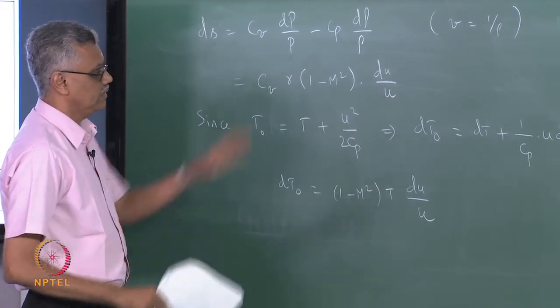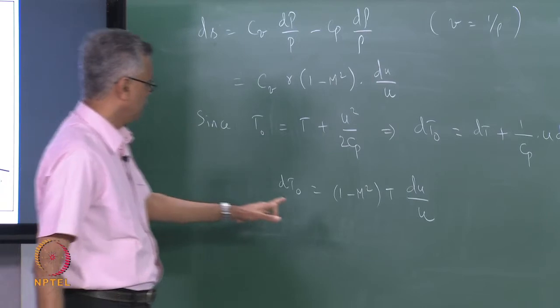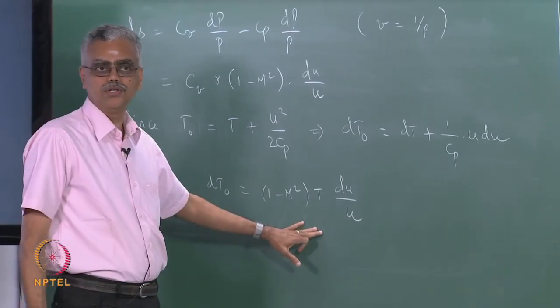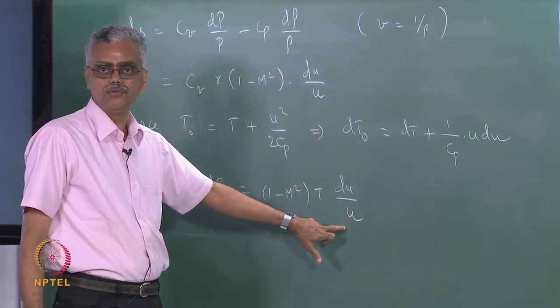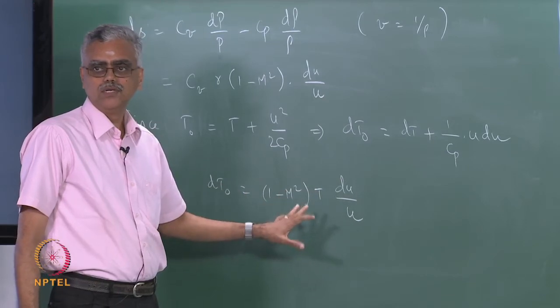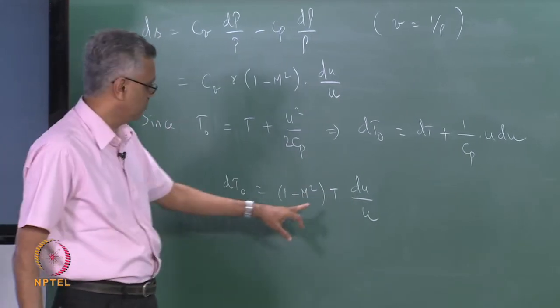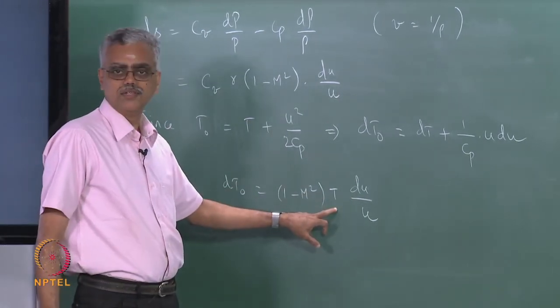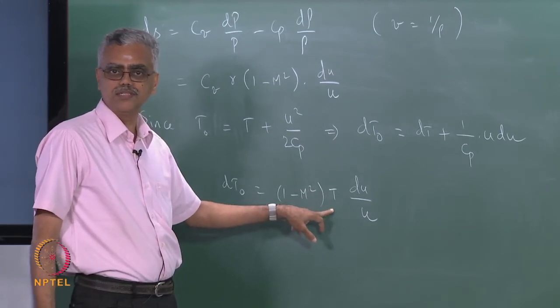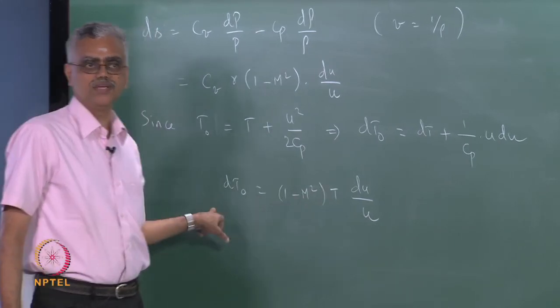But if you look at the way we have been writing the expression, notice that on the right hand side we want to involve du over u and M. Those are the only two quantities we want, so we would not prefer to have something like this. We would prefer to replace this with a T naught, because we have a dT naught here.